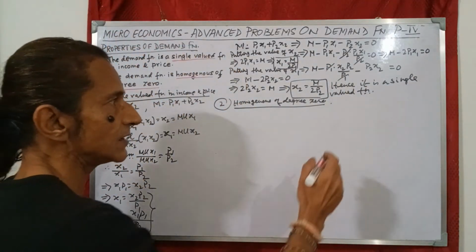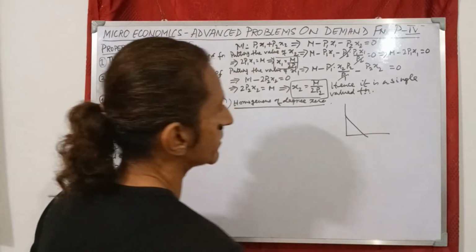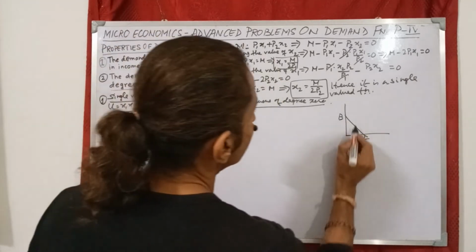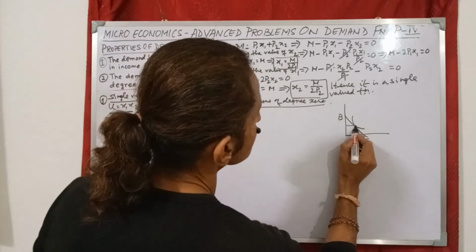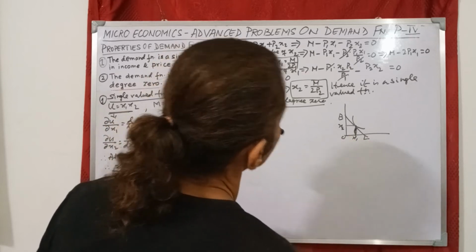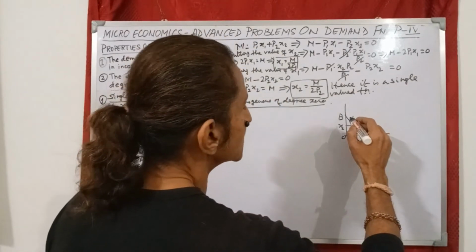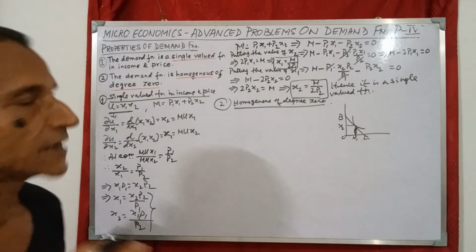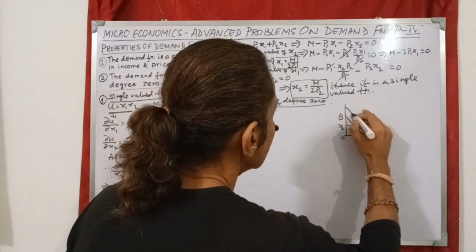Now, graphically, we have seen that if this is the budget line, say BL, and if the consumer is consuming say X1 and X2, now if the budget line shifts rightward, that means if the income of the consumer increases by a certain proportion or certain multiplier, it shifts parallelly rightward.